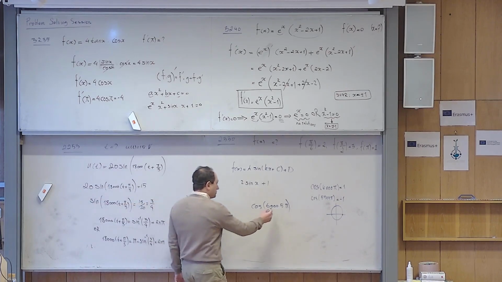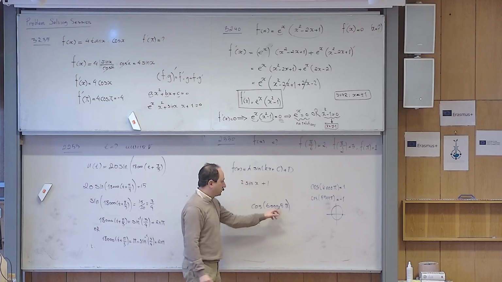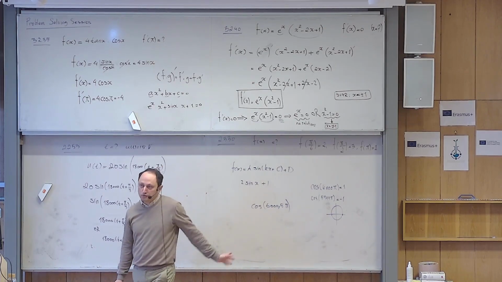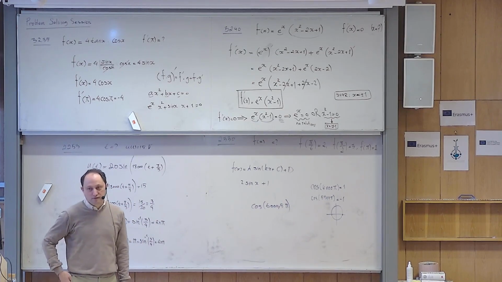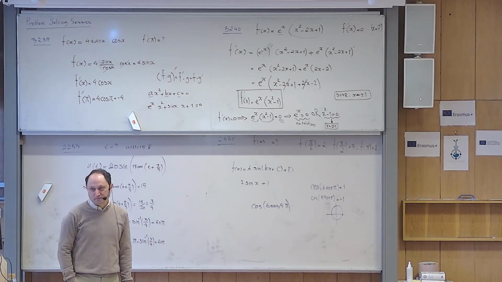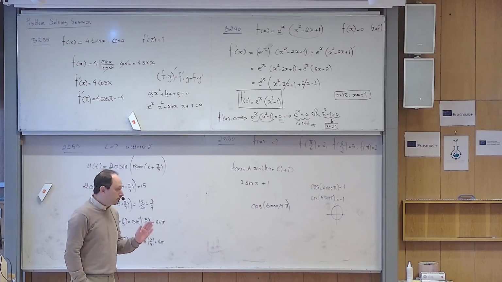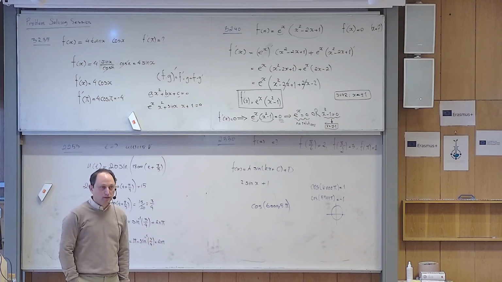In Swedish you write 6,000,5 times pi. I want you to find the exact value of this using the table. I don't want you to tell me the number, but this is extremely simple to calculate.